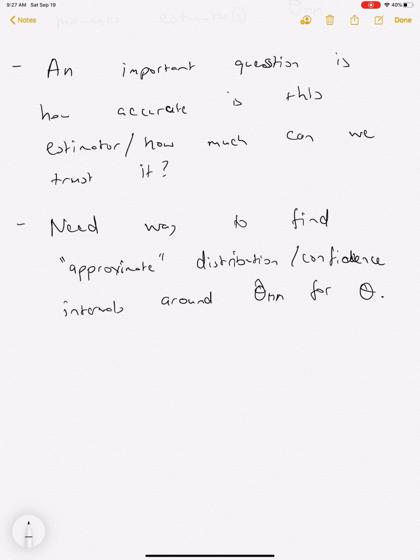Okay, so the other really key component whenever you're developing any statistical procedure is that you also need to be able to find an approximate distribution or some sort of notion of confidence intervals around theta hat mm for theta.